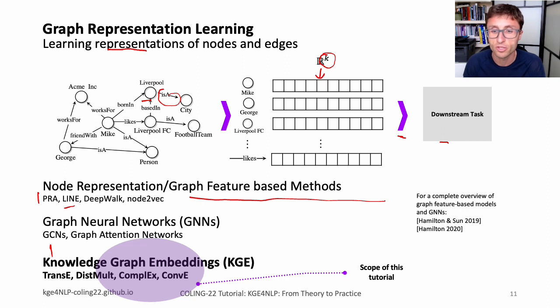We're talking about pretty much the same years, and they are called knowledge graph embedding models, KGE in short. This is the scope of the tutorial. These are artificial neural architectures which are quite similar to graph neural networks, even though there are some differences. Today we will discuss these methods.